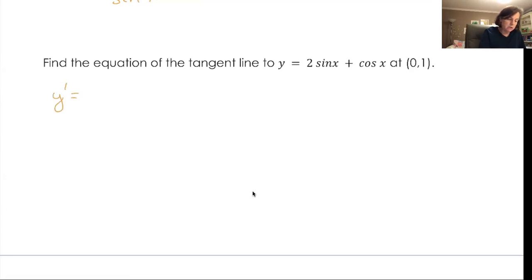Derivative of 2 sine x is going to just be 2 cosine x plus the derivative of cosine x is the opposite of sine of x. So 2 cosine x minus sine x is my derivative. Now, I want the slope of the tangent line, the equation of the tangent line at the point 0, 1.